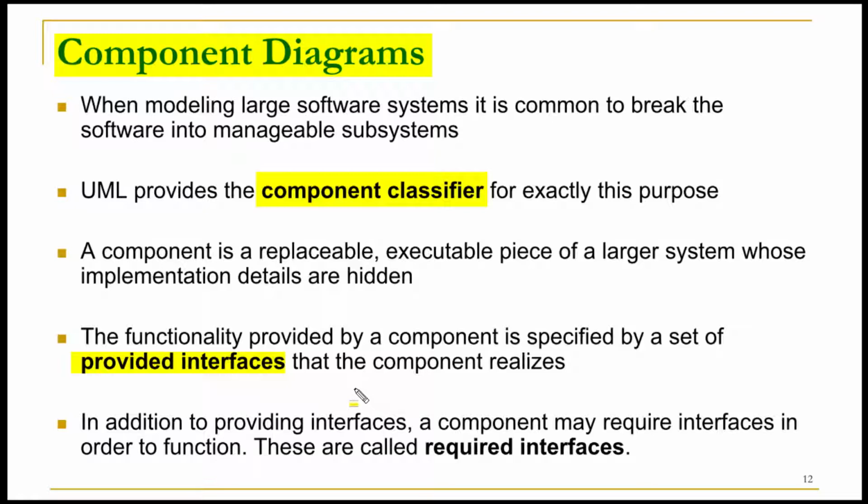Let's suppose a calculator component provides the interface for addition, subtraction, multiplication and division, but at the same time that calculator component might require other interfaces to function properly. Let's suppose that the calculator cannot calculate text. So to calculate the text, it uses an interface of another text calculator component and provides its complete functionality.